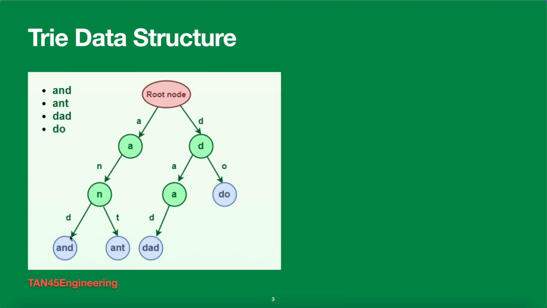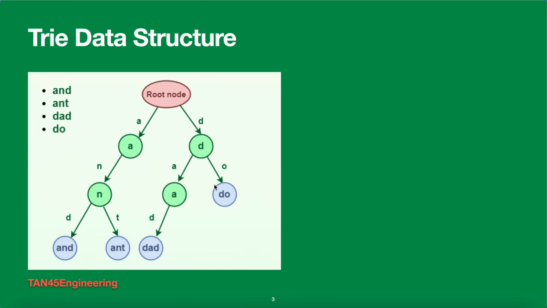Now at D, we'll mark D as the end of the word so that we know that and exists. Up until now, the path is the same: A has child N, and N has two children, D and T. So and exists. Similarly, from the root there is another division which goes D and O, do.